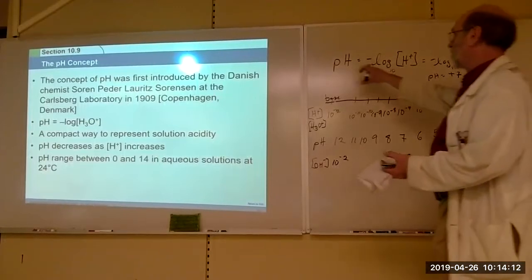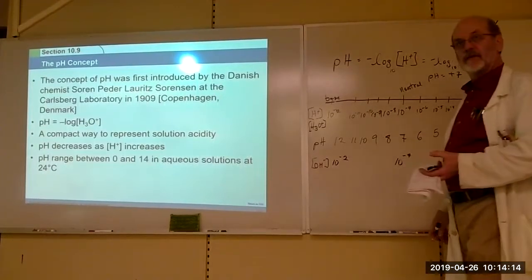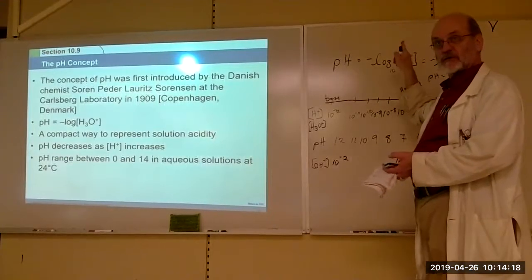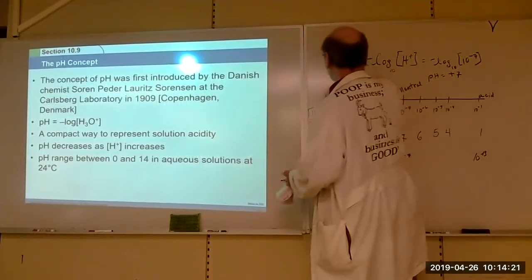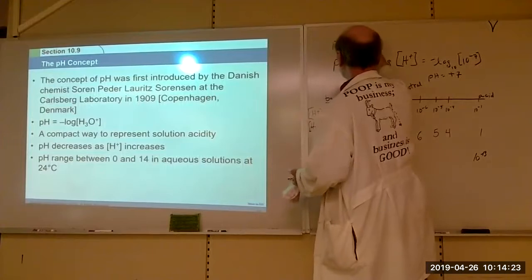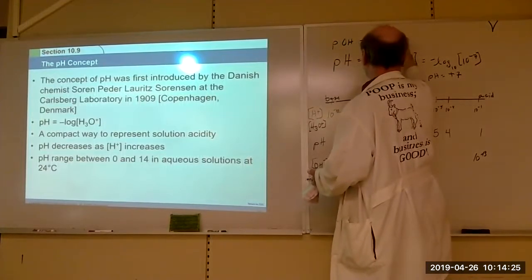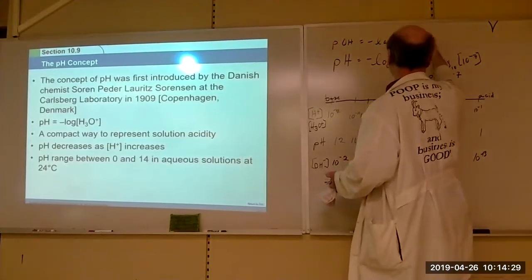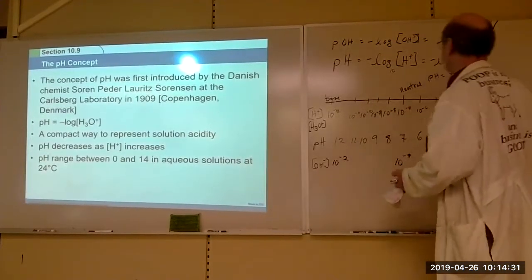So this is purely a mathematical expression. You can stick anything in here you want to and get a p-value for it. So we can do the same thing for hydroxyls too. Negative log of hydroxyls. Okay?